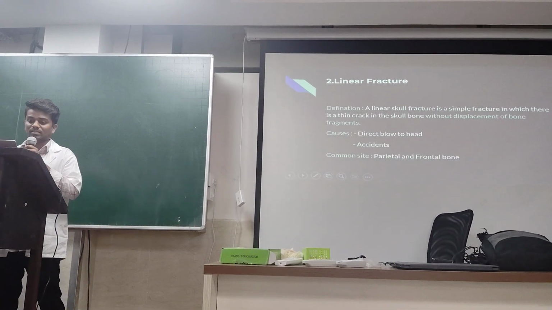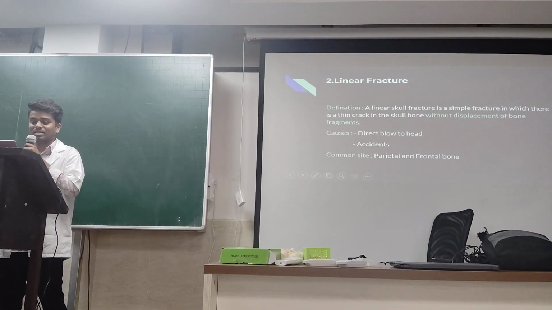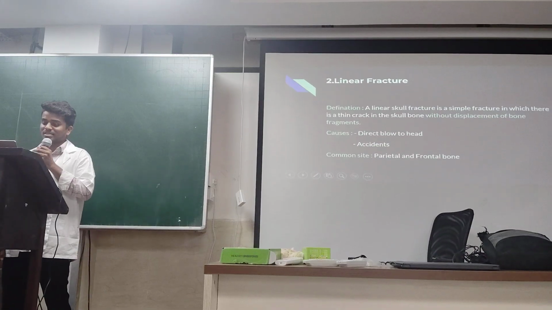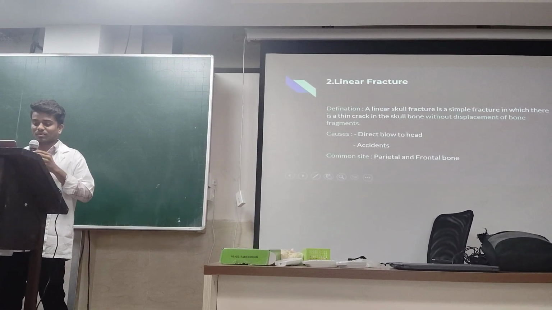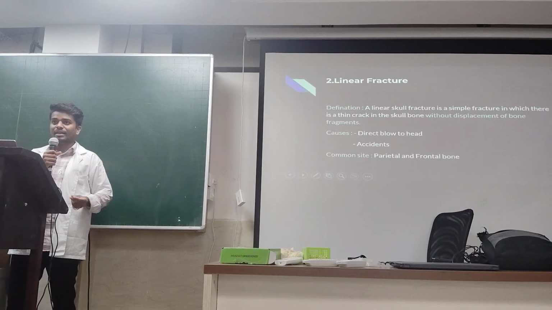Second, the linear fracture. The linear skull fracture is a simple fracture in which there is a thin crack in the skull bone without displacement of the skull bone fragment. Causes of this may be a direct blow to the head or an accident.